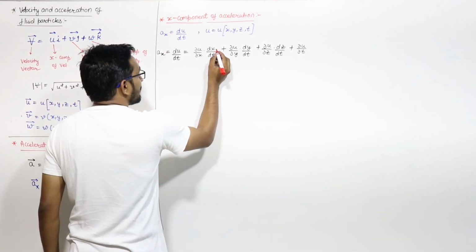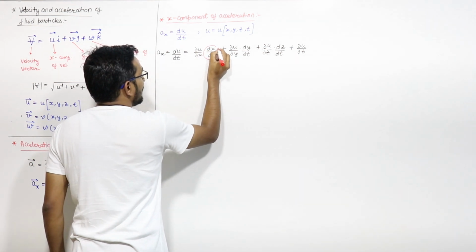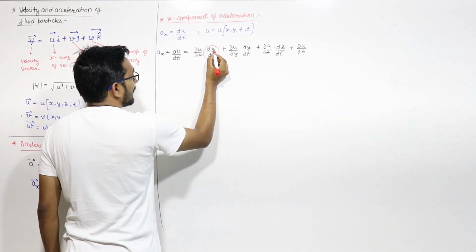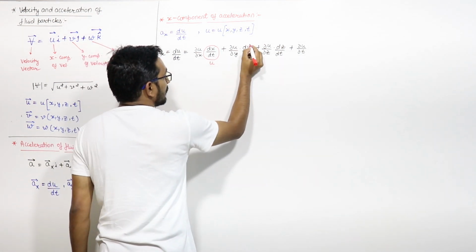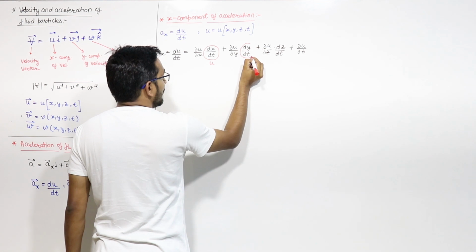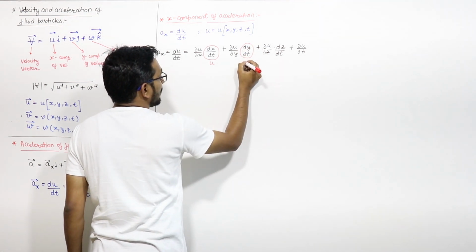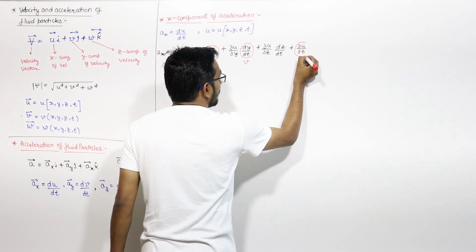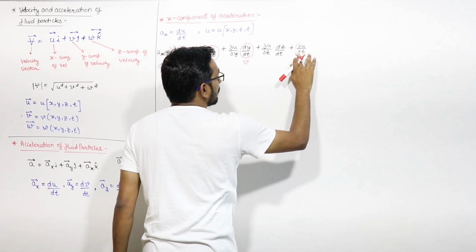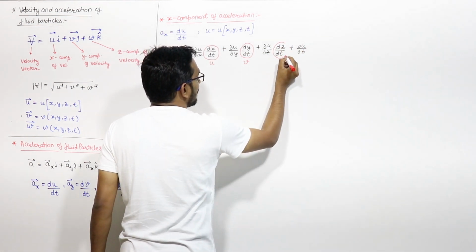What is this dx by dt? This dx by dt is the change of x coordinate with time, which is the x component of velocity. What is dy by dt? Dy by dt is the change of y coordinate with respect to time, that is the y component of velocity, v. And what is dz by dt?